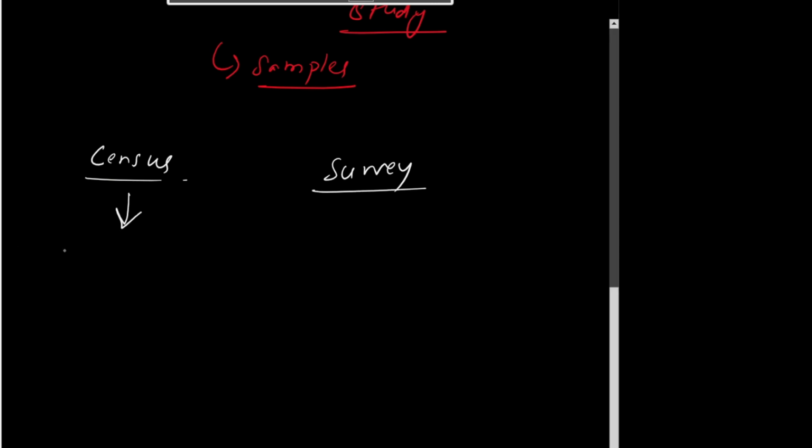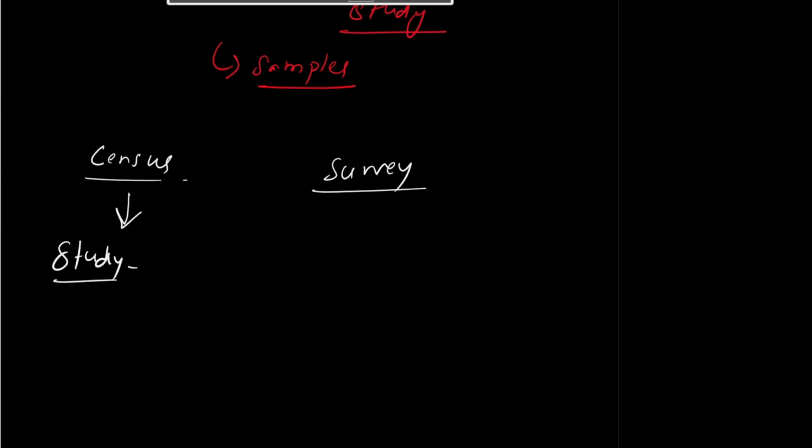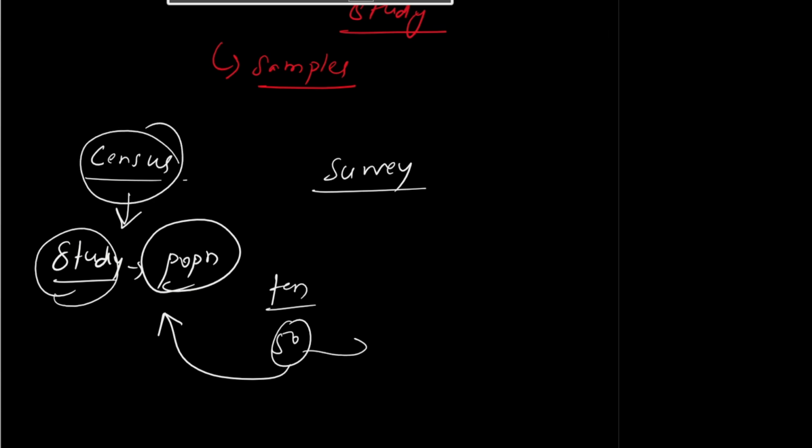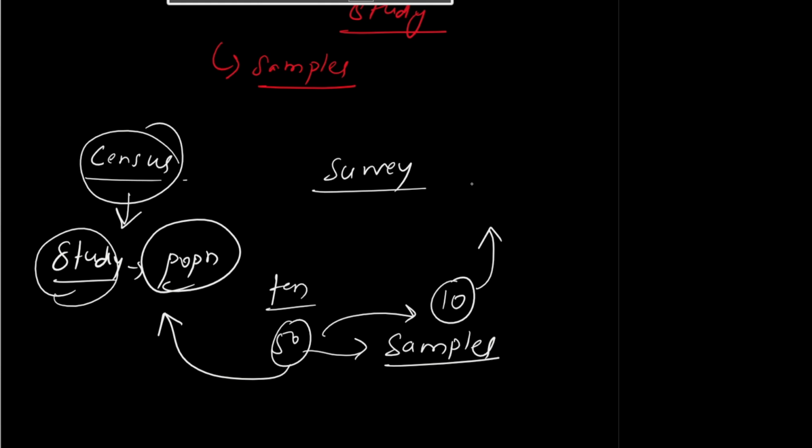If we conduct a study including every member of a population, suppose again with the example, there is a class 10 with altogether 50 students, and we take all the students under our study, then it is regarded as a census. But if we take some samples from these, say 10 students, and we perform the study on these 10 students, then we call it a sample survey, or simply a survey. Okay, that is very simple.